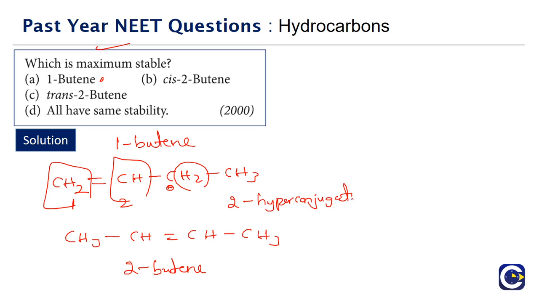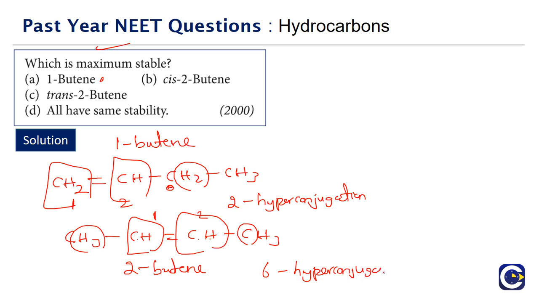How many are possible? 2 hyperconjugation structures are possible. And here if you look at the double bond carbons, this is 1 and this is 2. This carbon is bonded to one more carbon, which is having 3 hydrogens. This side also, this is bonded to one more carbon, it is having 3 hydrogens. Totally we can have 6 hyperconjugation structures.